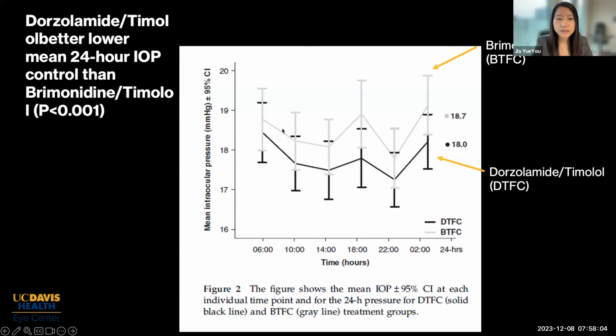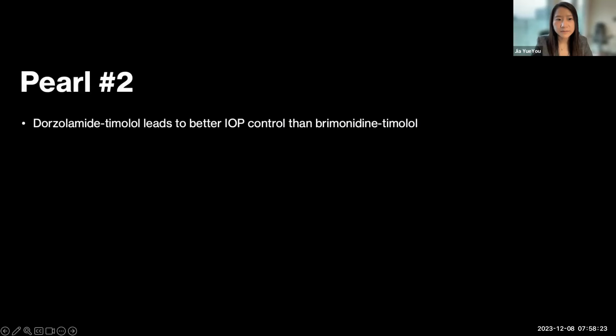The gray line is the brimonidine timolol, which, as we can see, is a little bit higher than the black line, which is dorzolamide timolol, by about 0.7. So we can say, based on this one study, Cosopt works actually a little bit better than Combigan. So pearl number 2: dorzolamide timolol in combination leads to better 24-hour IOP control than brimonidine timolol.